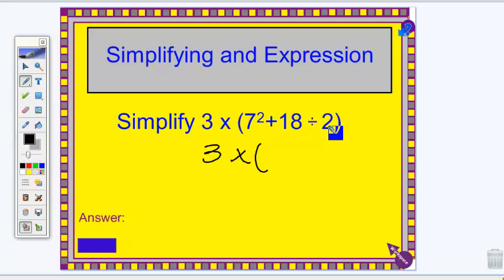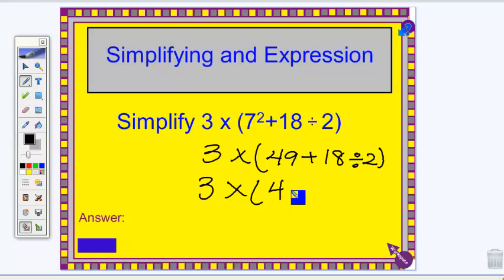So we are simplifying the parentheses first, but we still have to follow the order of operations within the parentheses. So 7 squared has to be done first. That would be 49. Not 7 times 2, 7 times 7. Plus 18 divided by 2. So we did the exponents, so let's move on.